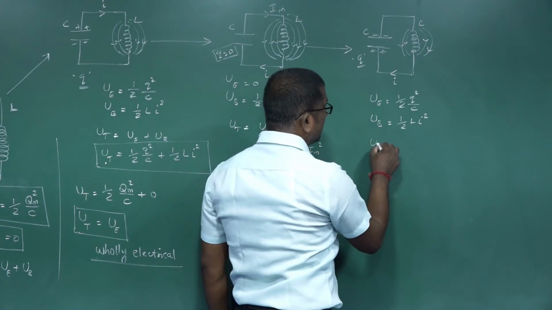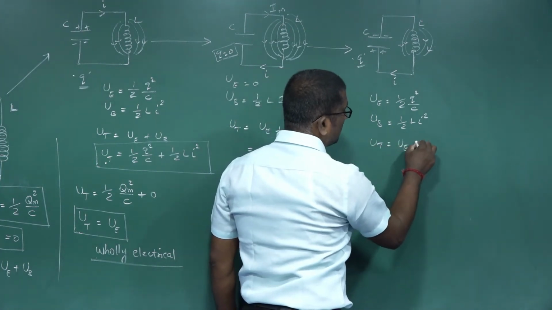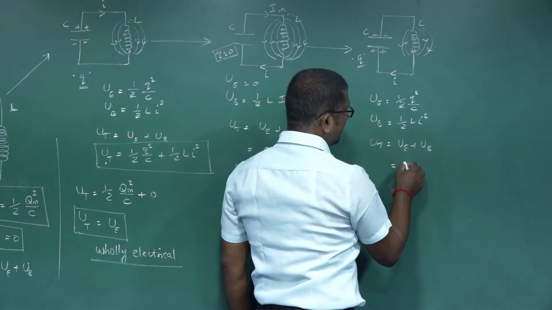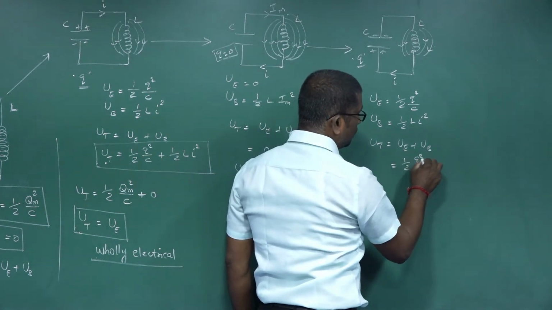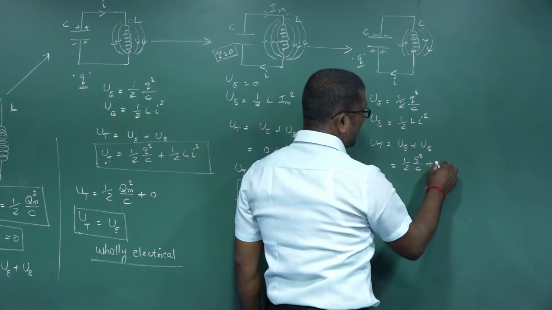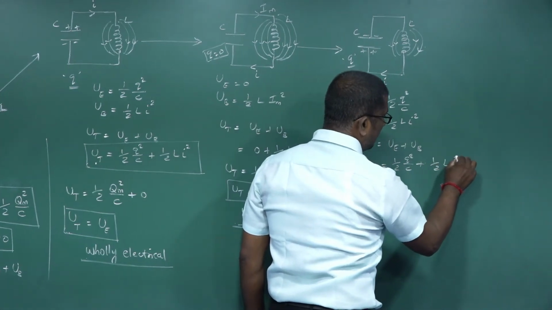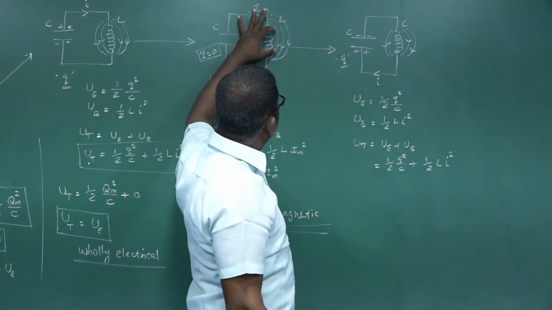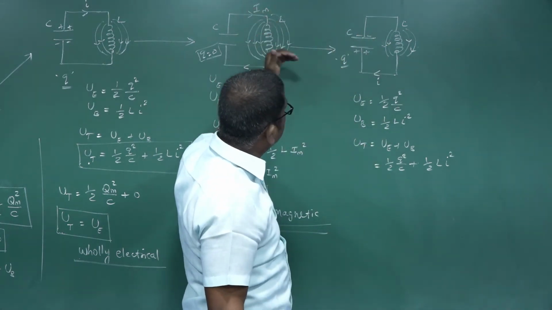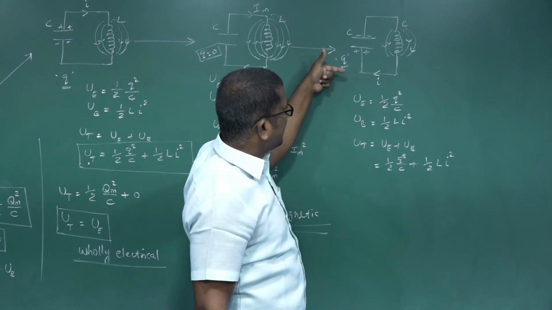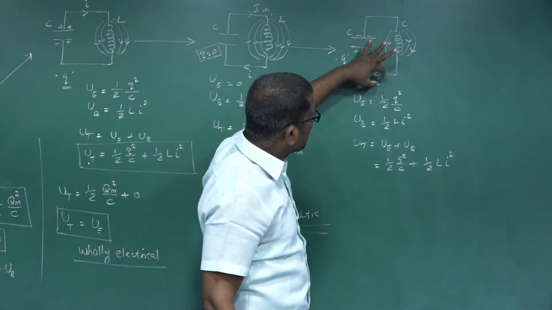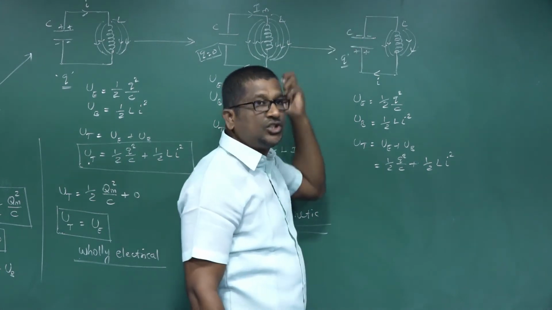Now the total energy is equal to the sum of electrical energy and magnetic energy. Whenever the magnetic field around the inductor collapses, the inductor sends an electric current I towards the capacitor, and due to the flow of current I, the capacitor gets charged.